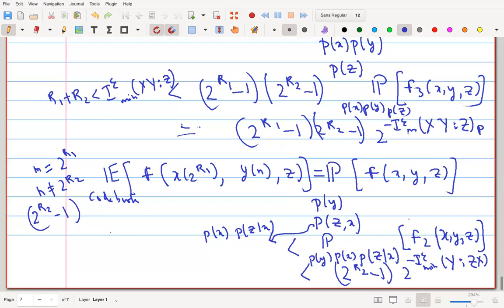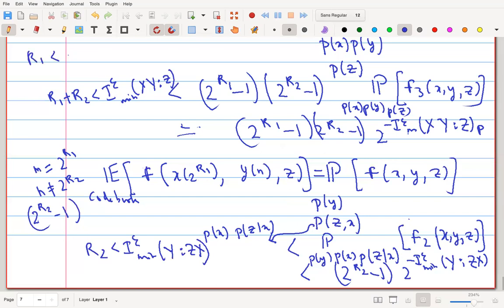Then for this contribution to be small, I need R2 to be less than I epsilon min Y to Zx. And similarly, now you can believe me when I say that we have this third one.